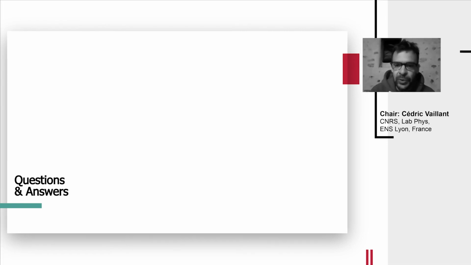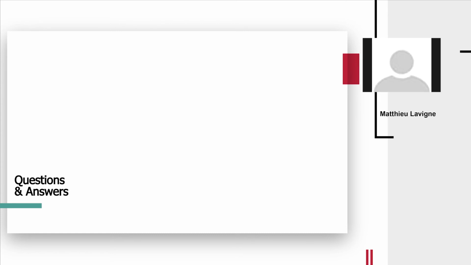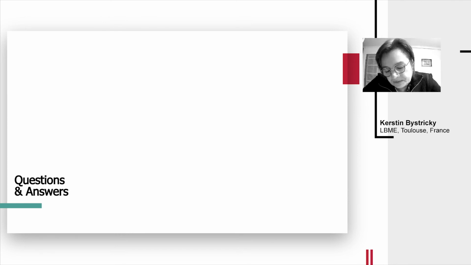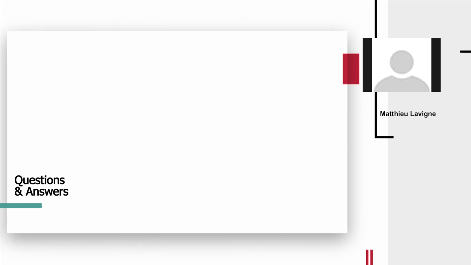Okay, a question from Mathieu Lavigne. Mathieu? Hello. Very nice work. I'm Matt Lavigne, I'm at the Fleming Institute in Greece. I'm very interested in your experiment with the DRB. How long did you put DRB on for? 10 minutes. So you assume you still have some elongating RNA tethered to your chromatin there.